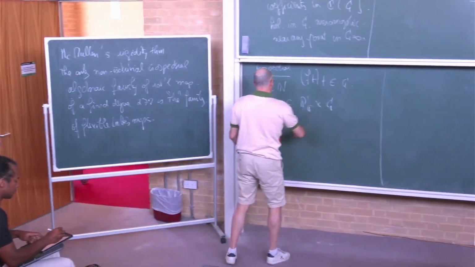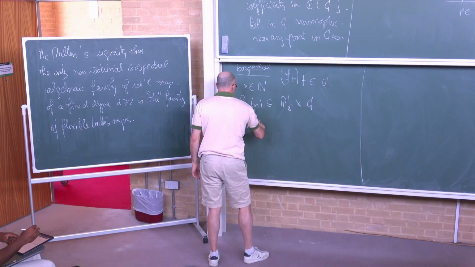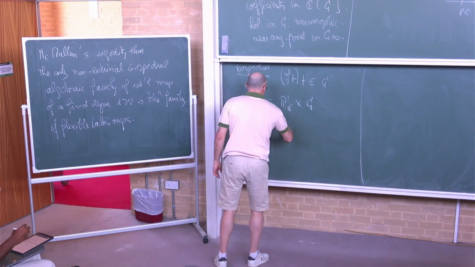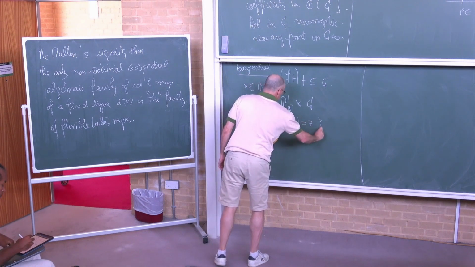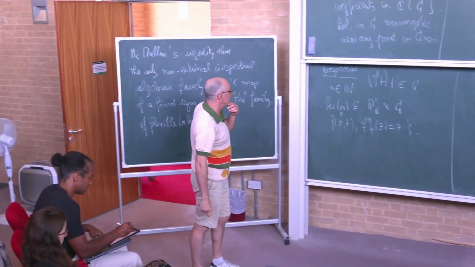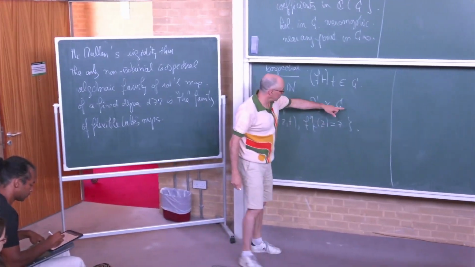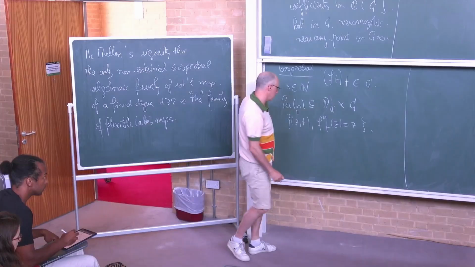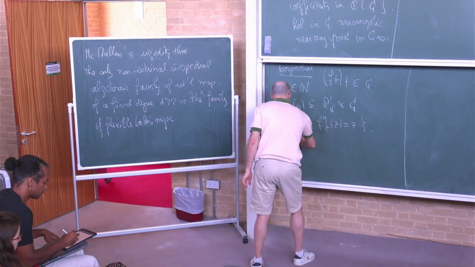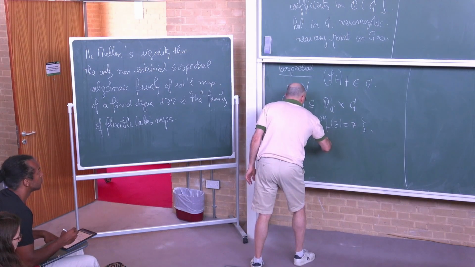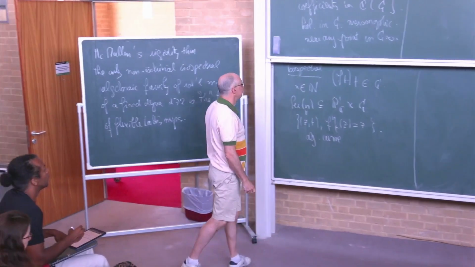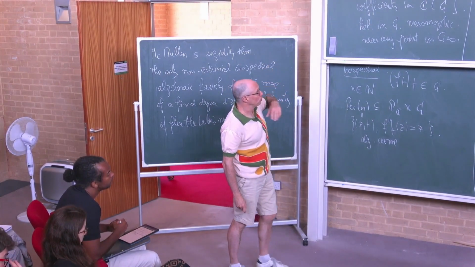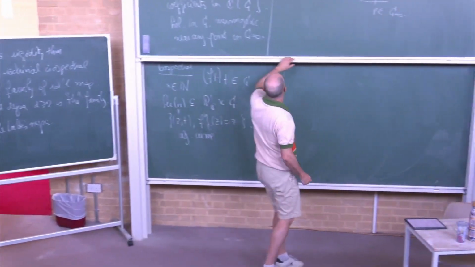You can look at Per_n, the set of pairs (z,t) such that f_t^n(z) = z. This is a two-dimensional algebraic variety, and this is an algebraic curve. It could be singular, and its projection to the base is finite to 1.